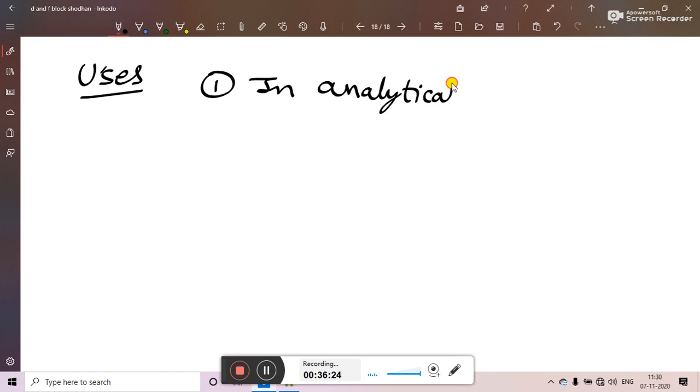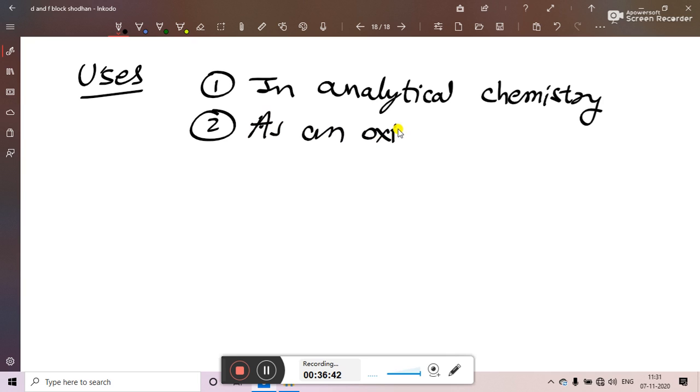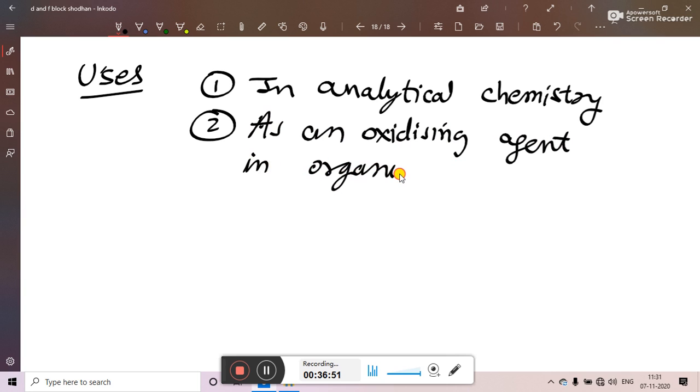KMnO4 is used in analytical chemistry, that is, for titration as an oxidizing agent. The second use is that it is used as an oxidizing agent in organic chemistry.